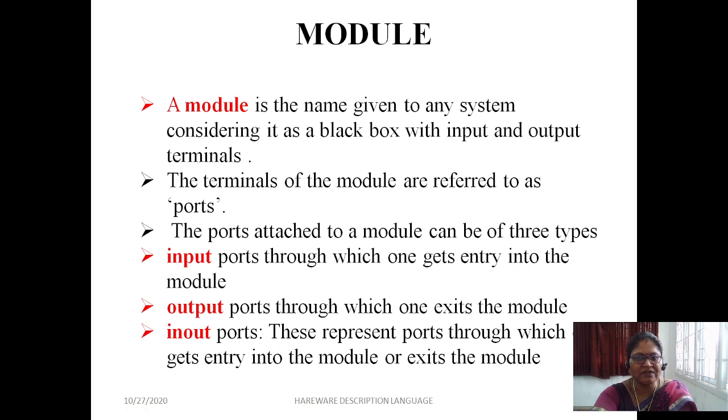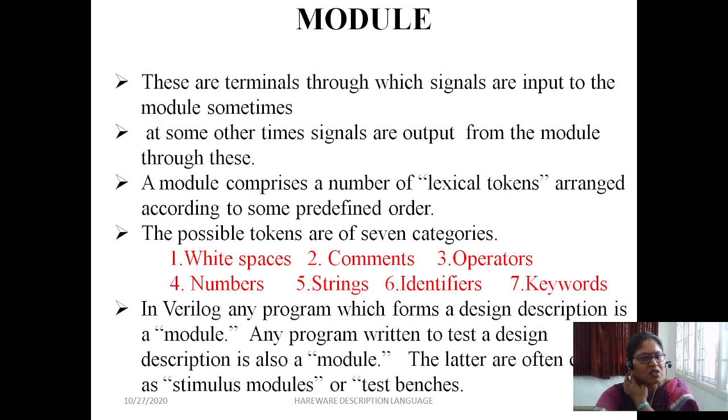As I already told you, the module is a black box with input as well as output terminals. The modules are referred to in terms of ports, and the ports have three types: input ports, output ports, and in-out ports. An input port is an entry into the module, an output port is an exit from the module, and an in-out port can be both an entry and an exit.